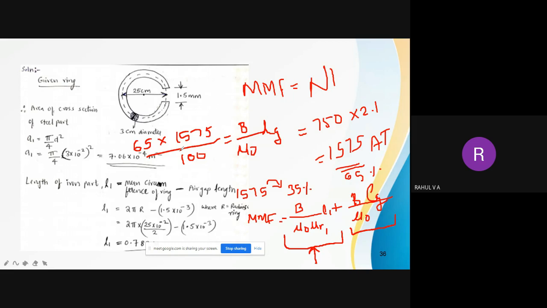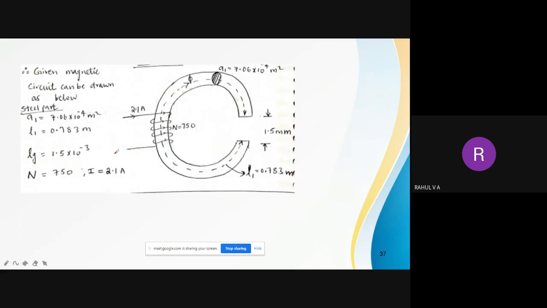From this, we know the value of mu 0. Mu 0 is 4 pi into 10 raised to minus 7. And Lg, they have given Lg also. Lg is the air gap. So let us check that one.